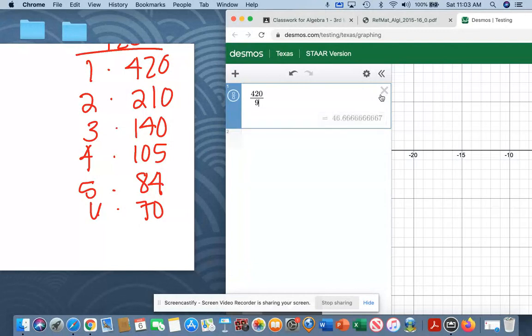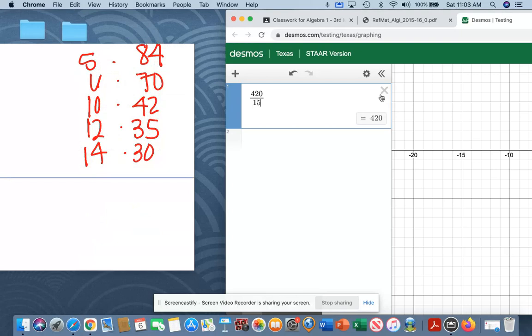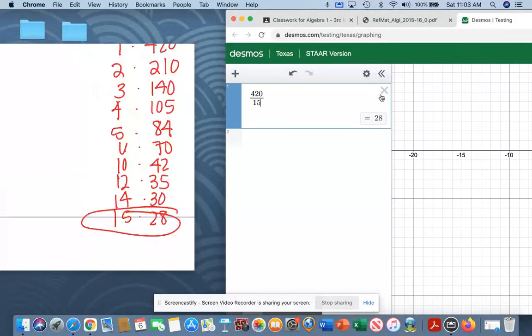No 8. No 9. 10 and 42. There. 11, no, 12 and 35. 13, no, 14 and 30. 15 and 28. I'm going to stop there because I think that's going to be our winner.